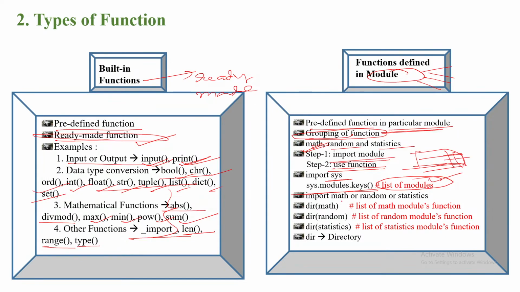Now come to import math, random or statistics. If you want to see the list of functions of a particular module, first import that particular module, then afterwards write dir. Dir's full form is directory. dir(math): whenever you write it, you will get the list of math module functions. Same with dir(random), you will get the random module functions. dir(statistics), then you will get the statistics module functions.